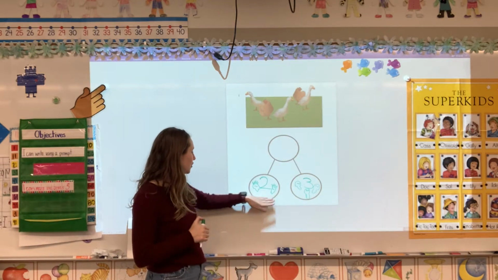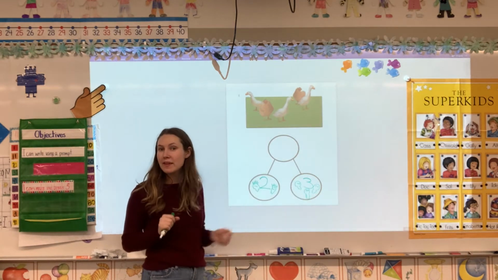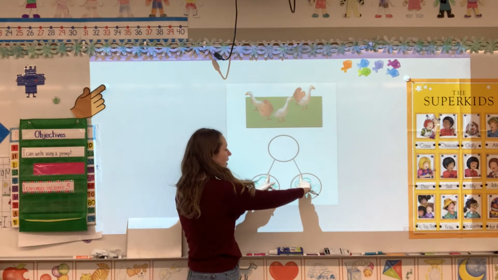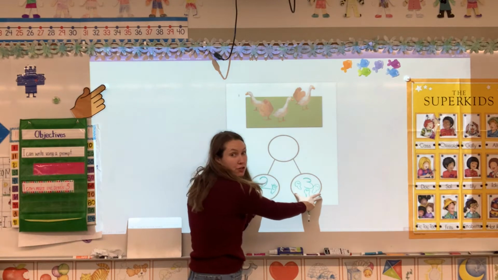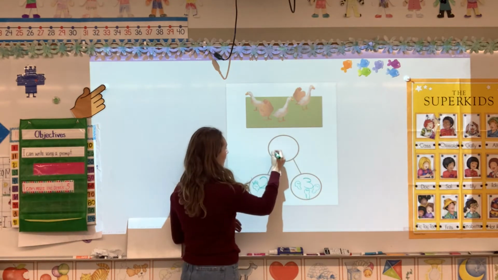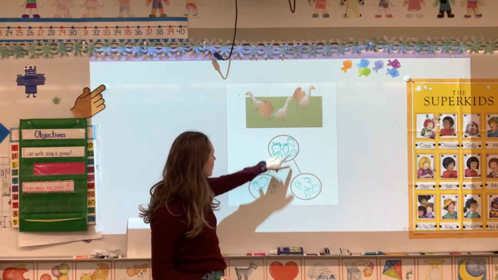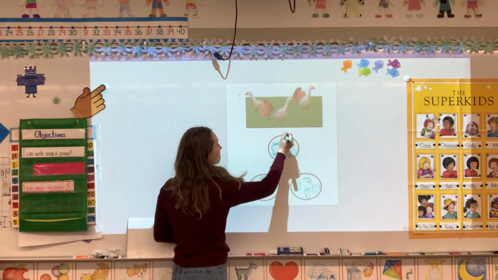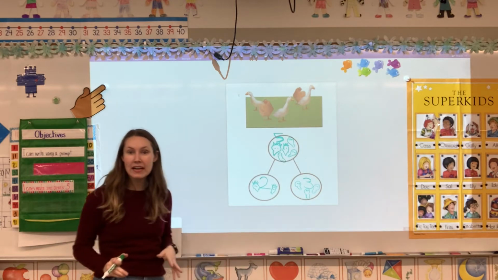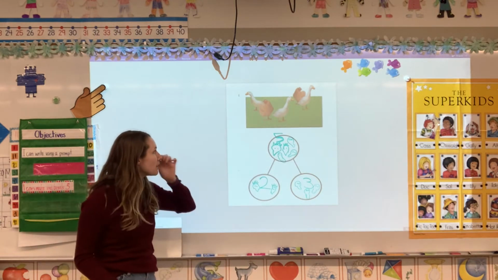Okay, so we had 2 chickens and 3 ducks in their little pens on the farm, and then they all came together in the field. So when we bring our 2 groups together, what do we get? We get our 2 chickens, 1, 2, 3, 4, 5. So when we think about bringing our groups together, that's what our number bond is for.